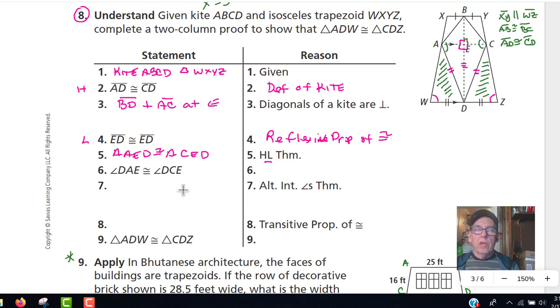That's going to be by hypotenuse leg. From that, corresponding parts is going to give us this angle and this angle congruent inside these two triangles. So those are going to be corresponding parts of congruent triangles are congruent.